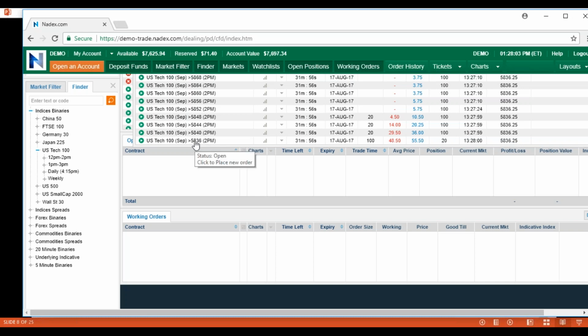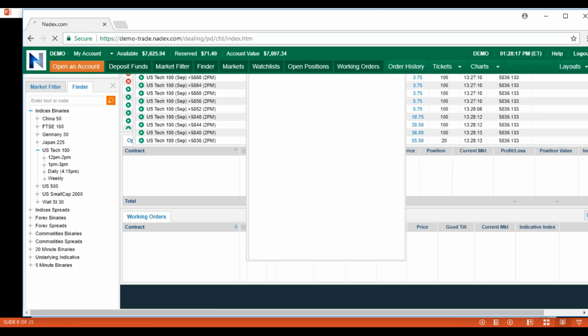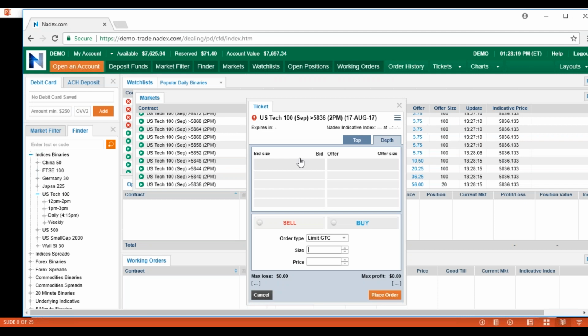So I can risk 50 to make 50, right? But what does that mean? That means I bought this binary at 58.36 and the market's right at 58.36. Correct? So what does the market have to do? Well, I'm saying that the US Tech 100 will expire greater than 58.36 when? At 2 p.m., right?